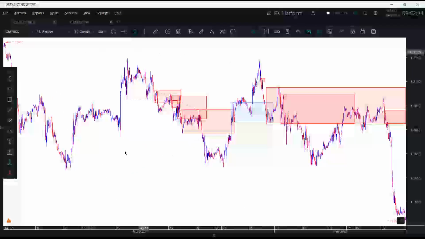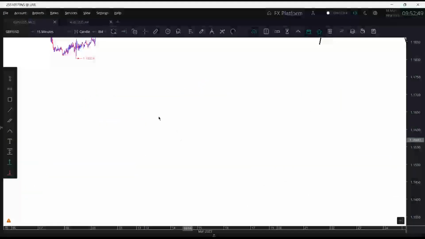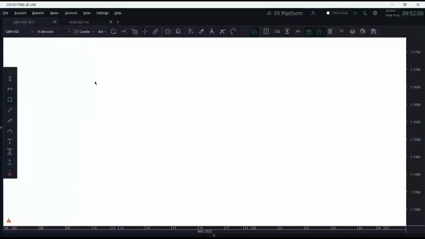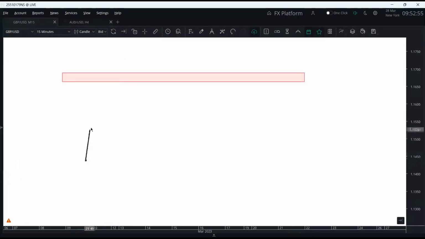Let me draw a schematic here for you. For example, when you have a flag limit right here, price moves up, and here we have a CP.